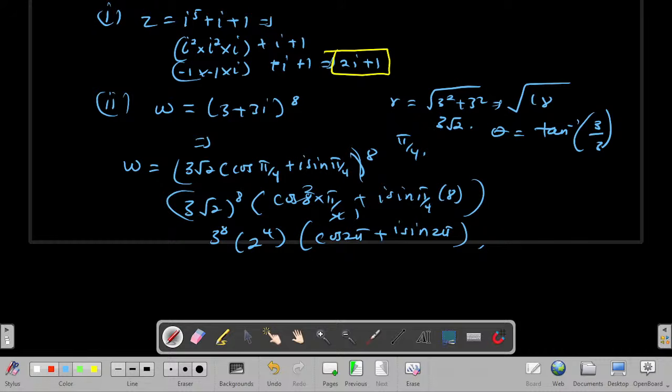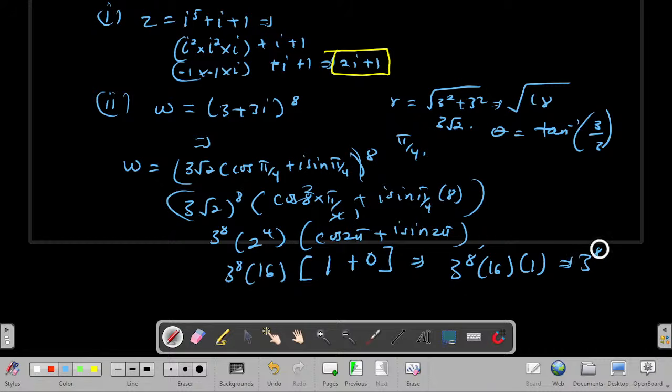Mostly you don't really have to stress yourself writing the actual values. This is 16. What is cos 2 pi? That is cos 360, right? Cos 360 is 1, plus what is sine 360? 0. So my answer is 3 to the power 8 times 16 times 1. And the answer is 3 to the power 8 times 16.